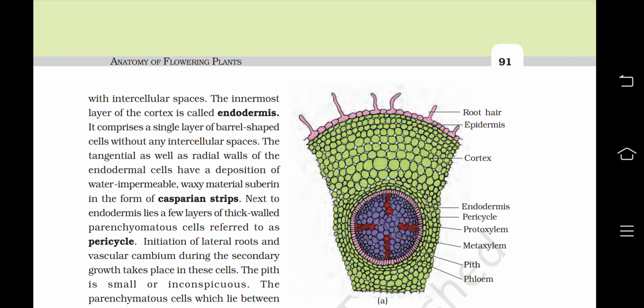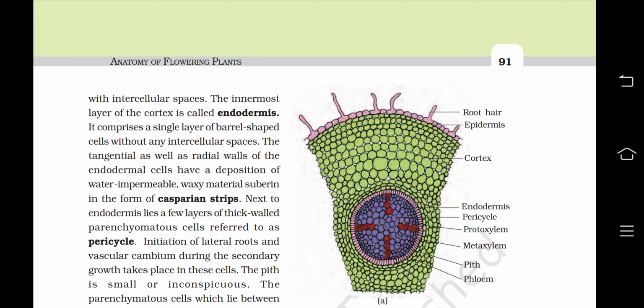So A is a dicot root, a transverse section of a dicot root, in which there are root hairs protruding from the epidermis or the epiblemma, and these are unicellular. Then comes the cortex, which is several layers of parenchyma cells.